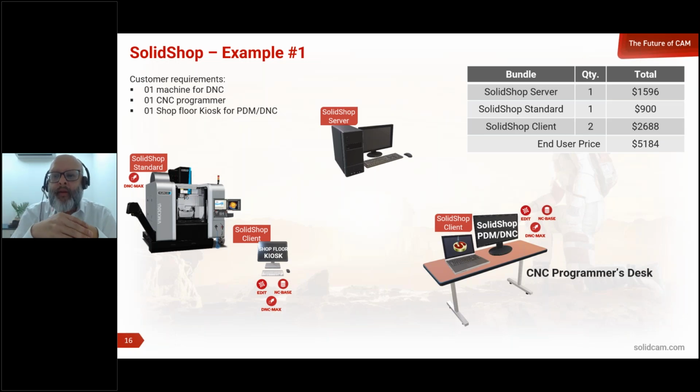Okay, so basically, this would give you an overview of what it would cost to have one machine and two computers, seeing download this information, have a centralized database, and we providing all the support and the interfaces for PDM and the interfaces of machine simulation.